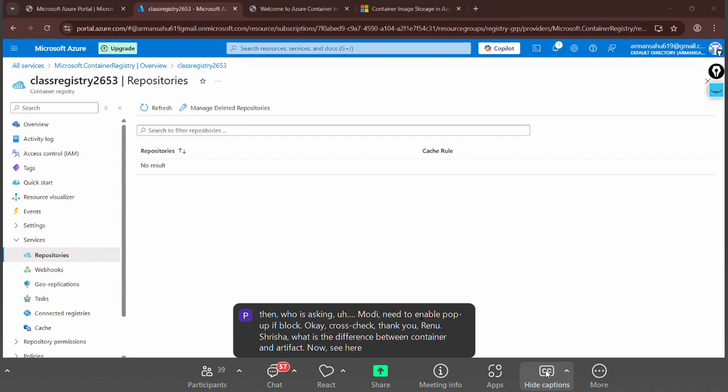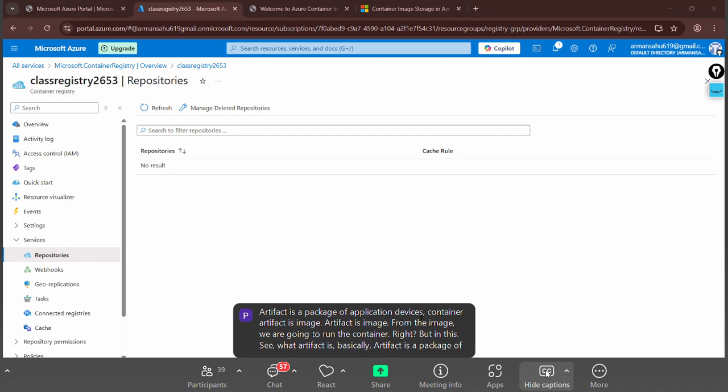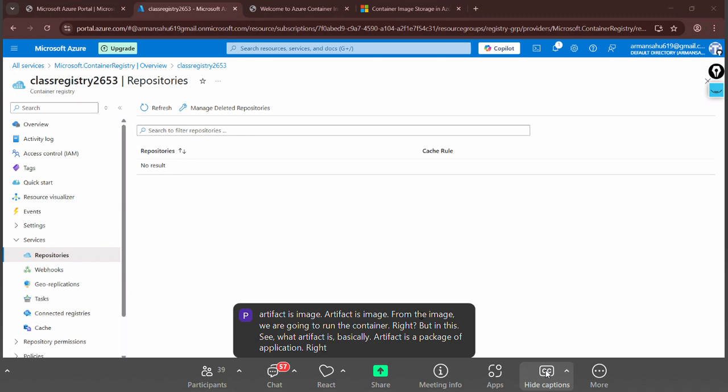Now see here. An artifact is a package of application. In the case of a monolithic architecture, the artifact will be the package of application.